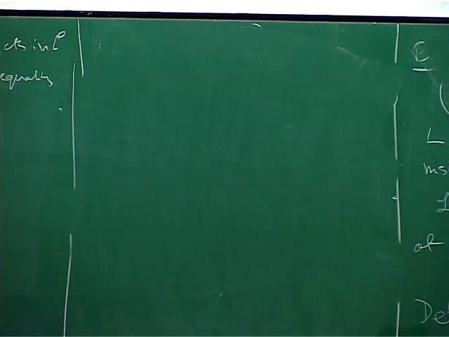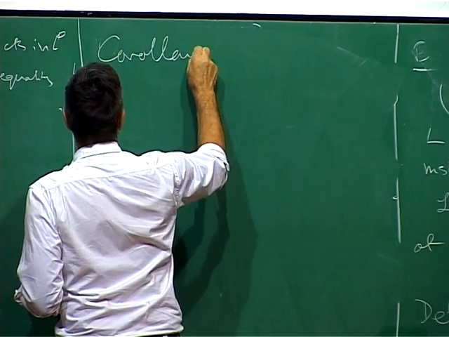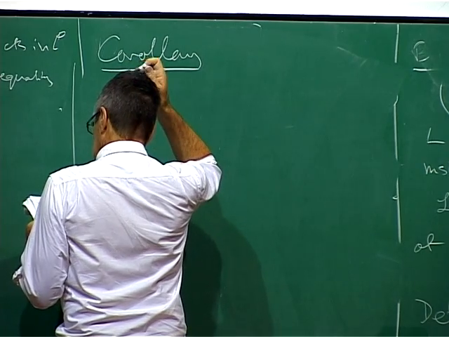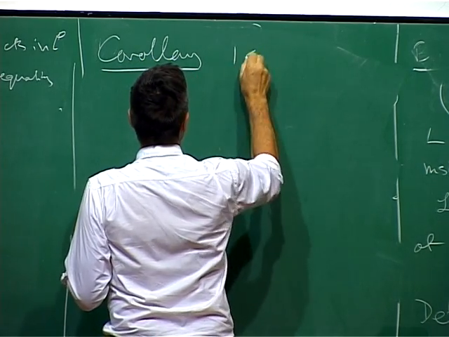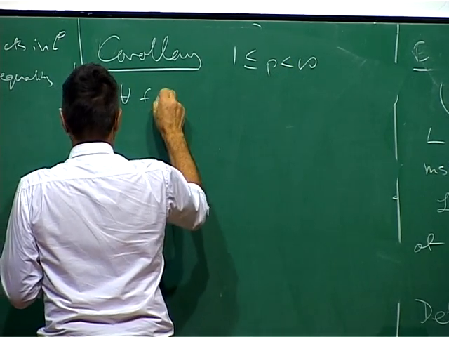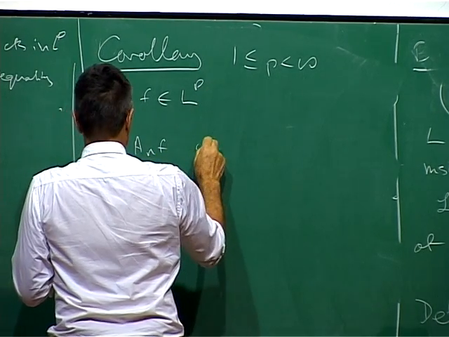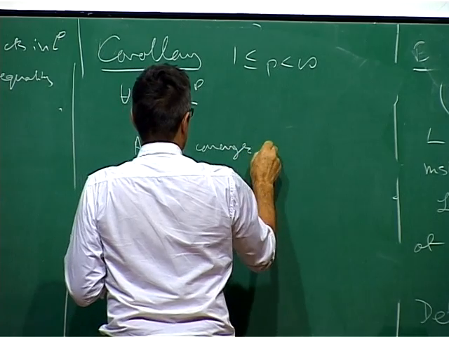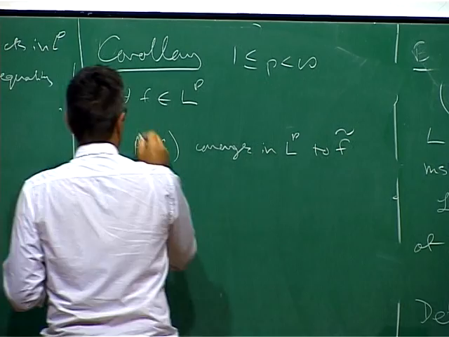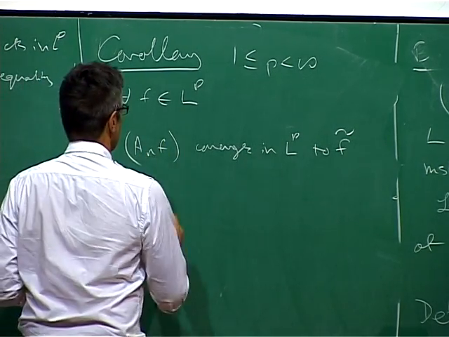So the corollary to this theorem is, for 1 less than or equal to p less than infinity, and for all f in L^p, A_n f converges, so it converges not only in L^p but also pointwise.